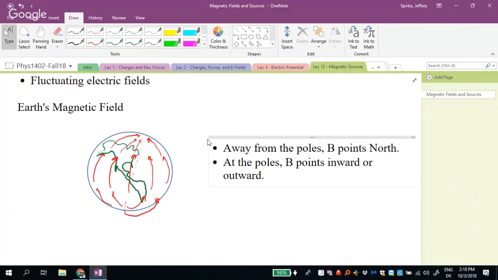So at the South Pole, the magnetic field points up, because if you're standing on the South Pole, your feet are on the Earth, and your head is toward the bottom of the drawing, and the magnetic field points from your feet toward your head, that's up. And then at the North Pole, the magnetic field points down. And you could call those inward or outwards.